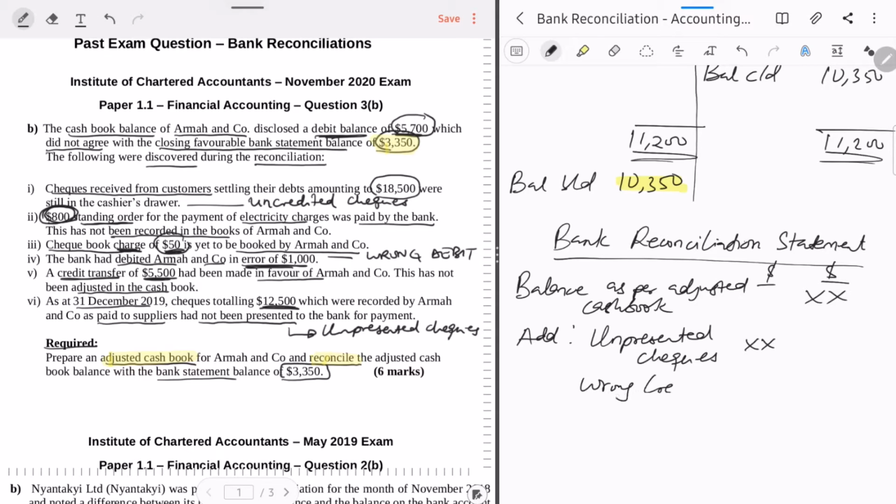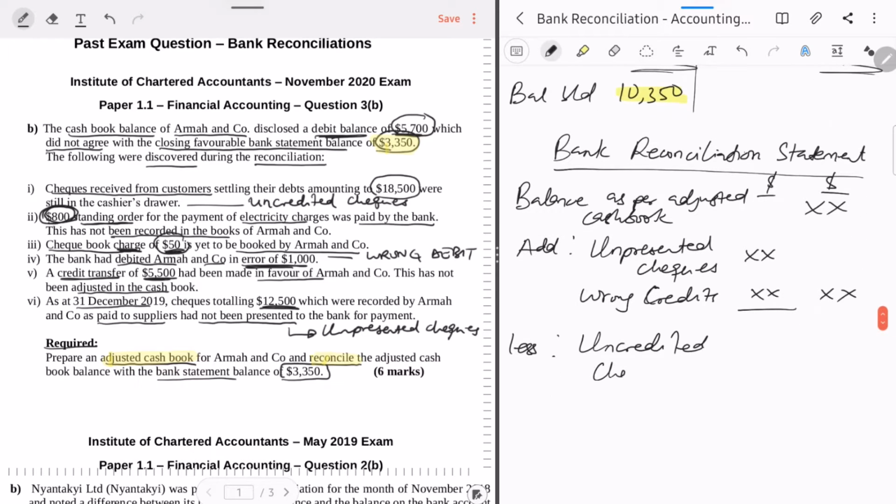Take note, please, you cannot mix these up. You add one credit. Whatever you get, you add it here, right? Then you come and less uncredited checks. Please take note, you can't mix this up. Then you also less any wrong debits, right? So you less these two.